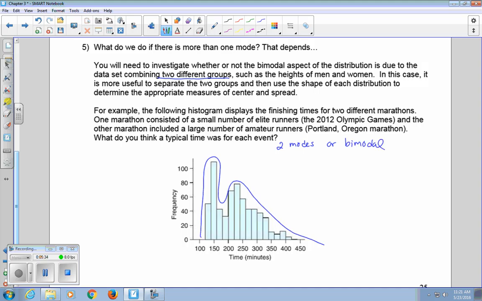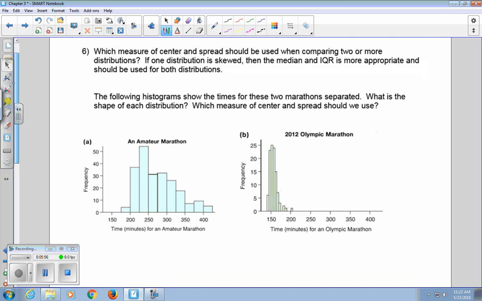It looks like the typical time might have been 150 minutes for this group, where the typical time over here was closer to 250. This might be a case where separating them would be a good idea.